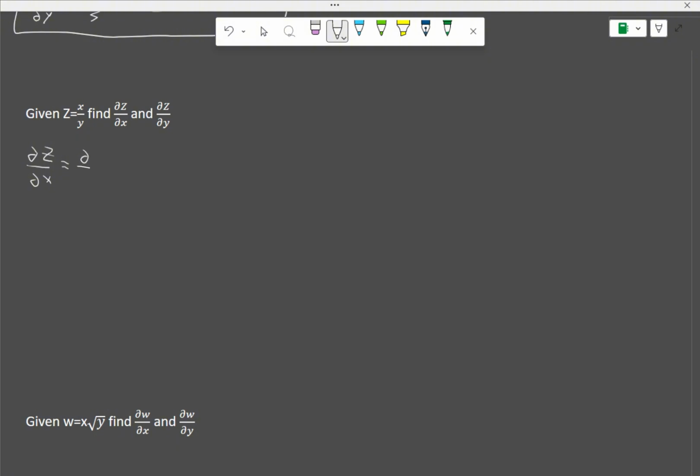So that can be rewritten as the partial derivative with respect to x of x over y. Now you'll notice that we can pull out 1 over y because it is a constant. And then we just need to take the derivative with respect to x of x, which is super easy.